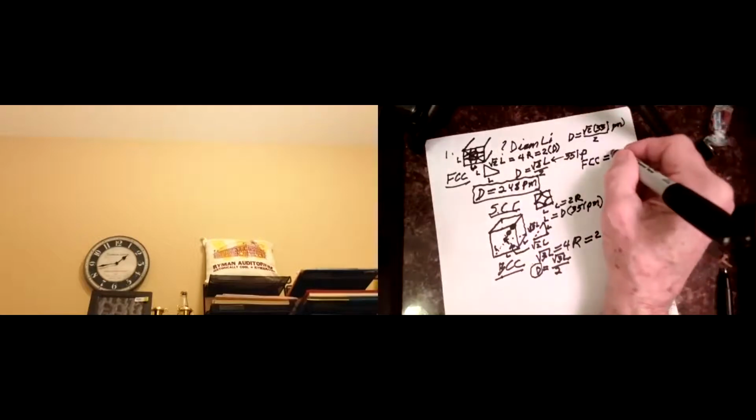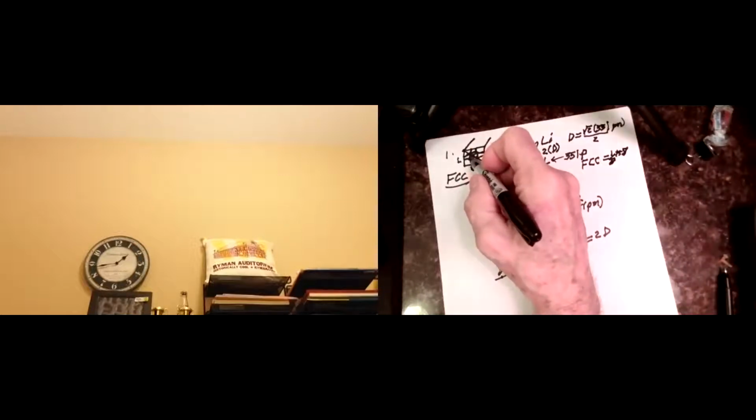If I've got a face-centered cubic, go back up here, the face-centered cubic would have how many particles? Well, it's got 1/8 times 8 for the corners. So it's got 1/8 in each cell, and there's 8 corners. And then we have to add to that the contributions of the face particles.